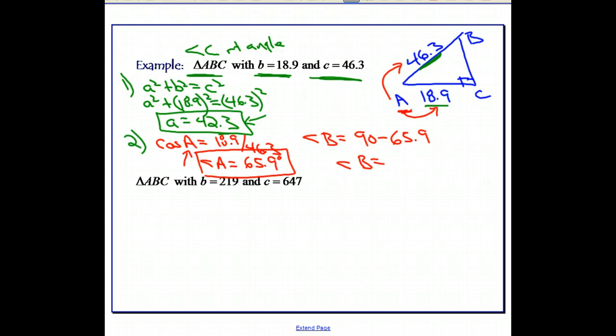So angle A is 65.9 degrees. And guys, once you've got angle A, angle B is very easy to come by. Go 90 minus angle A, so 90 minus 65.9. And angle B is how much? It looks like 24.1 degrees.